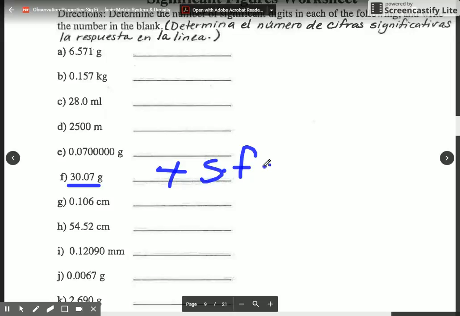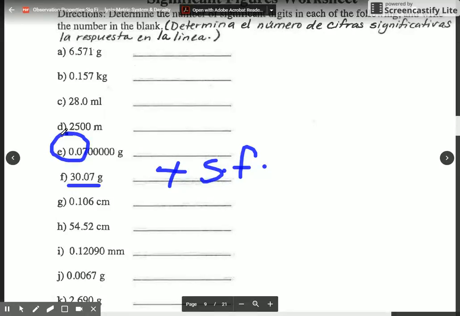Let me do E for you, just for the sake of going from A through F, and you do the rest. E, you have 0.07, and all those zeros behind the 7. Well, guess what? We have a few rules that are going to apply there. First of all, these zeros that are here are going to be considered leading zeros.